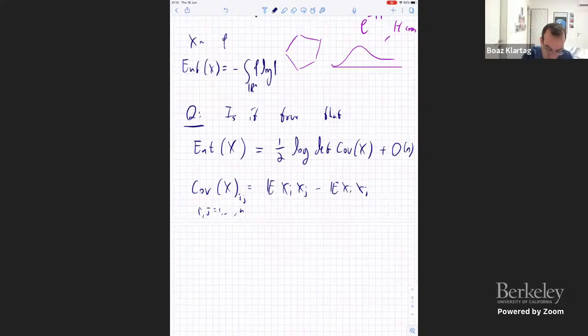But let me, just to connect to lattices, add a remark.